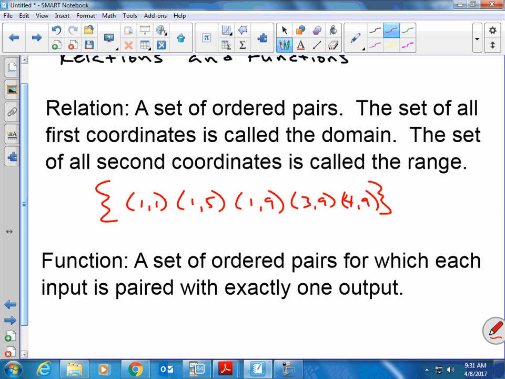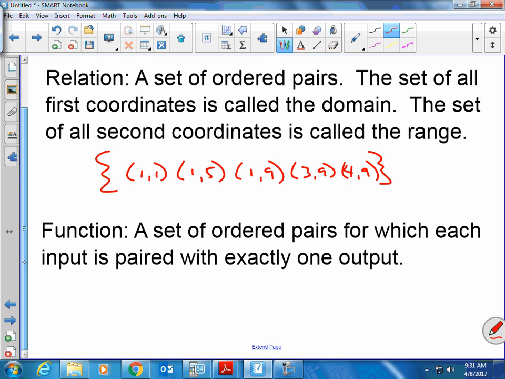I made a big deal about that because a function is not the same thing. Notice, the first part of the definition looks just like the relation's definition. A function is a set of ordered pairs, but it doesn't stop there. It's a set of ordered pairs for which each input, the first coordinate, is paired with exactly one output, the second coordinate.